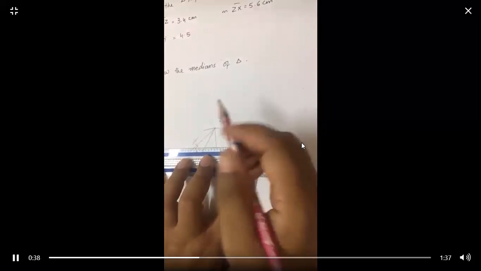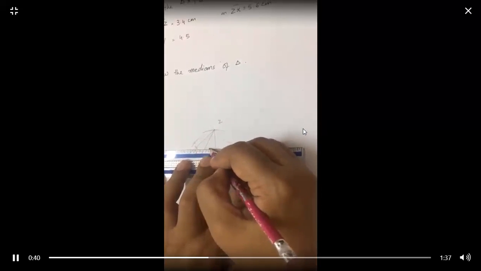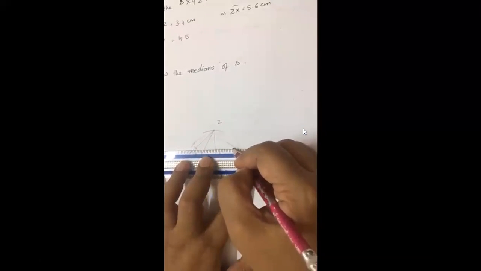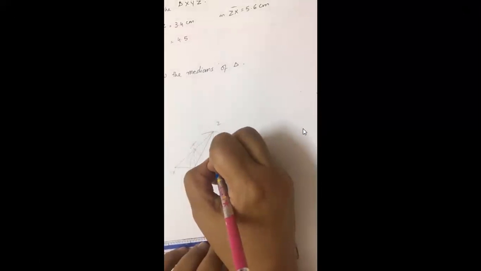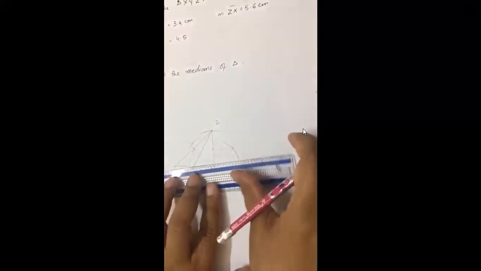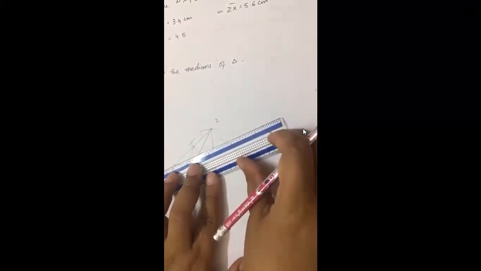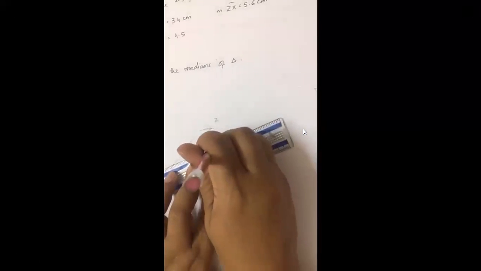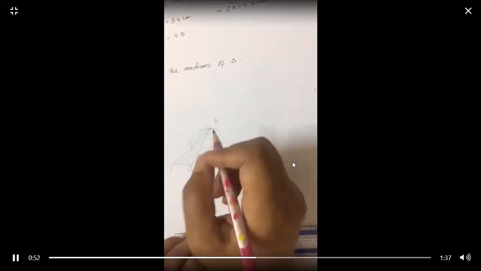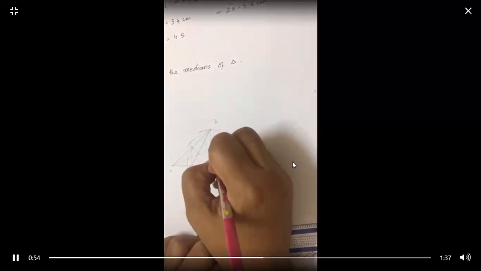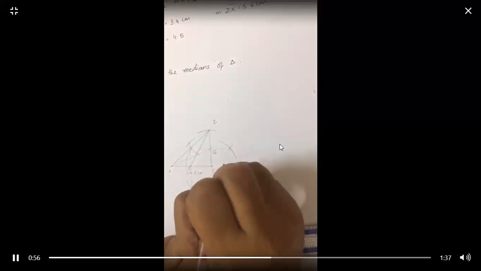Again we join only with the dotted line. Now this is the midpoint of YZ. We join this point with X. QX is the other median of the triangle.